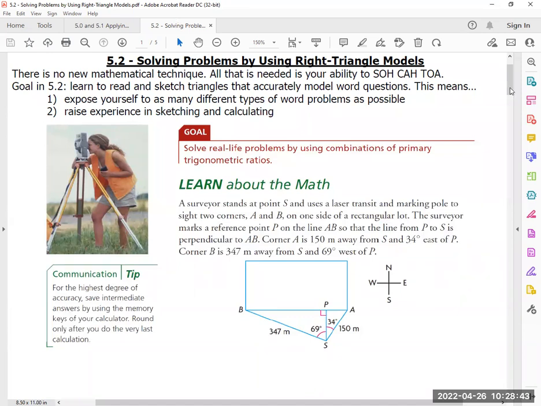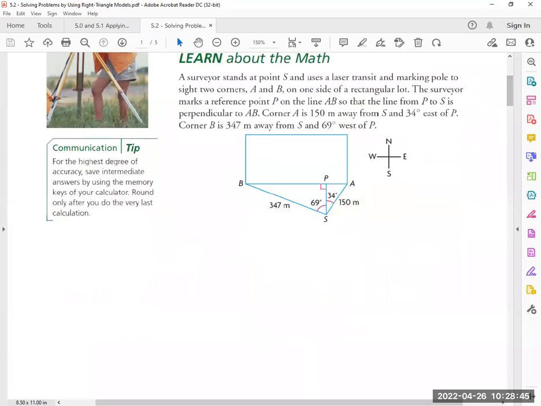A surveyor at point S, so you are right here at point S, that's you, uses a laser transit and marking pole to sight two corners, A and B. Here's A, here's B, on one side of a rectangular lot. So that's a lot, you don't have to worry.